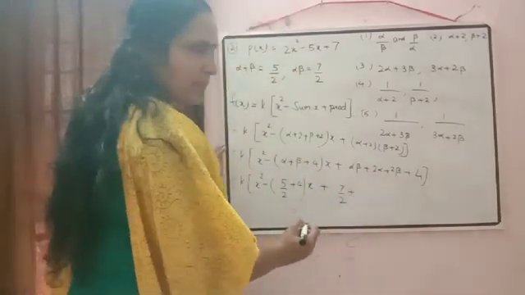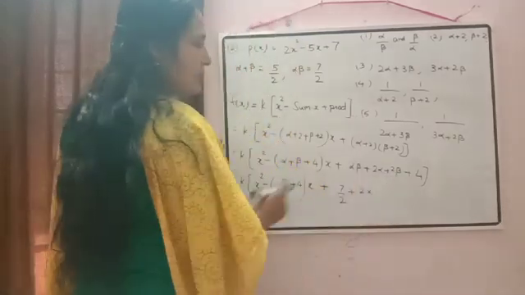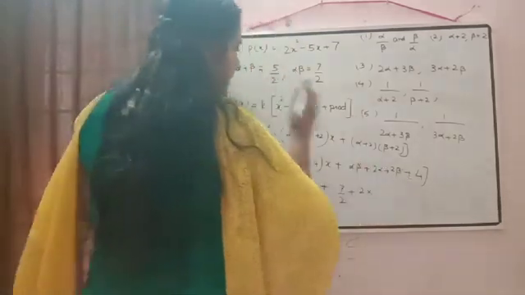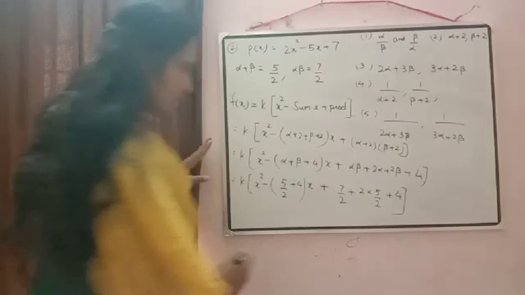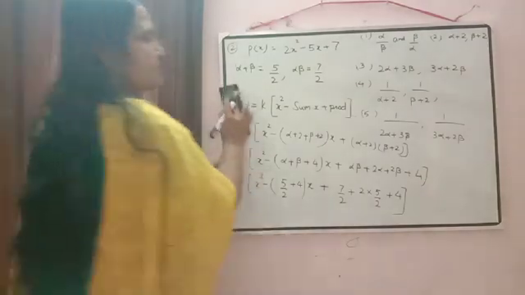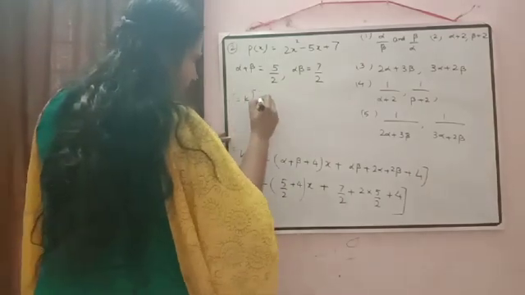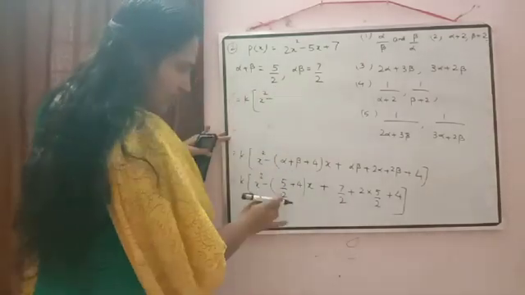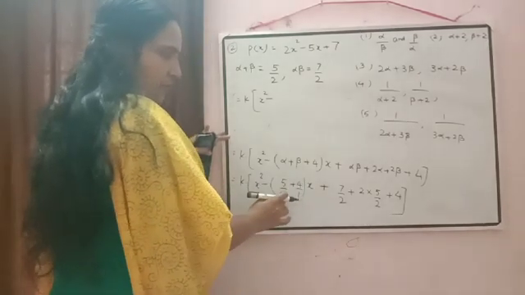Can we take 2 common? Okay, 2 taken common. Then inside the bracket it will be equal to alpha plus beta, and the value of alpha plus beta is 5 by 2, plus 4. Now we can check how we can simplify it. Then it will be equal to k into x square minus, here we can do the cross multiplication, then we will get 5 plus 4 2s are 8.